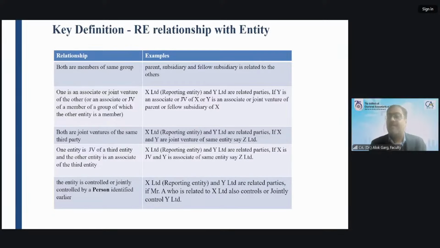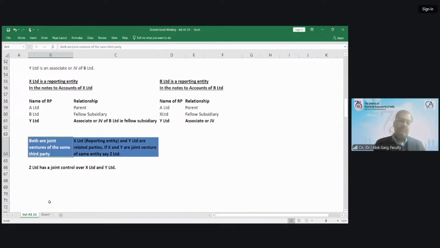The Excel file is not visible, sir. Sorry. Is it visible now? Yes, sir. Z Limited has joint control over X Limited and Y Limited. What does it mean? This means X and Y are joint ventures of Z, the same third party.